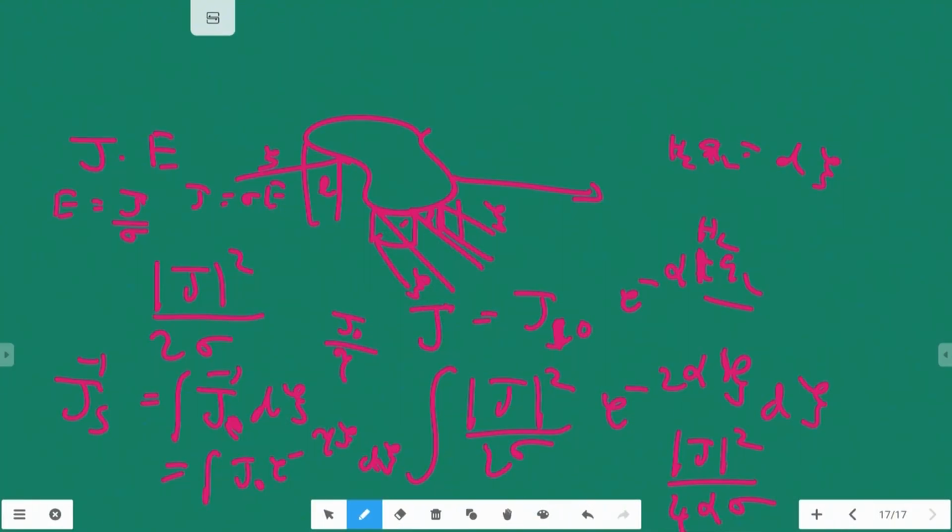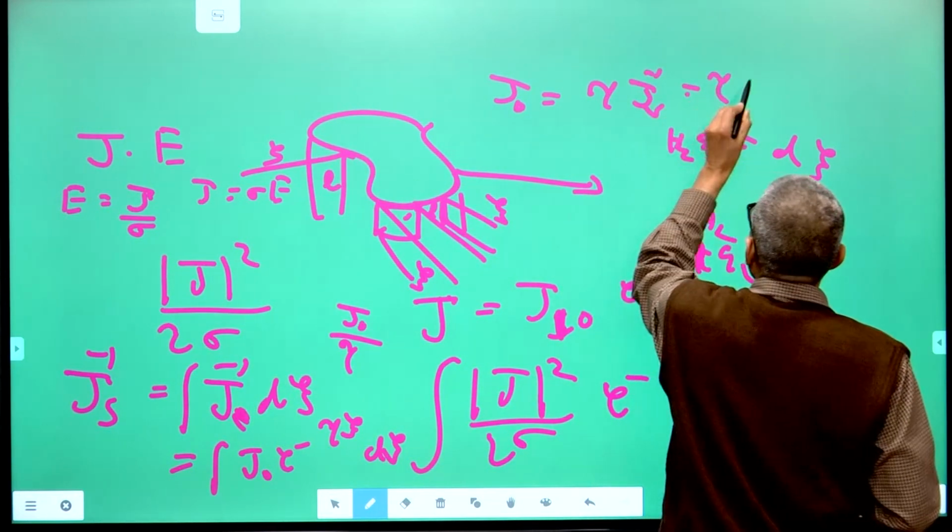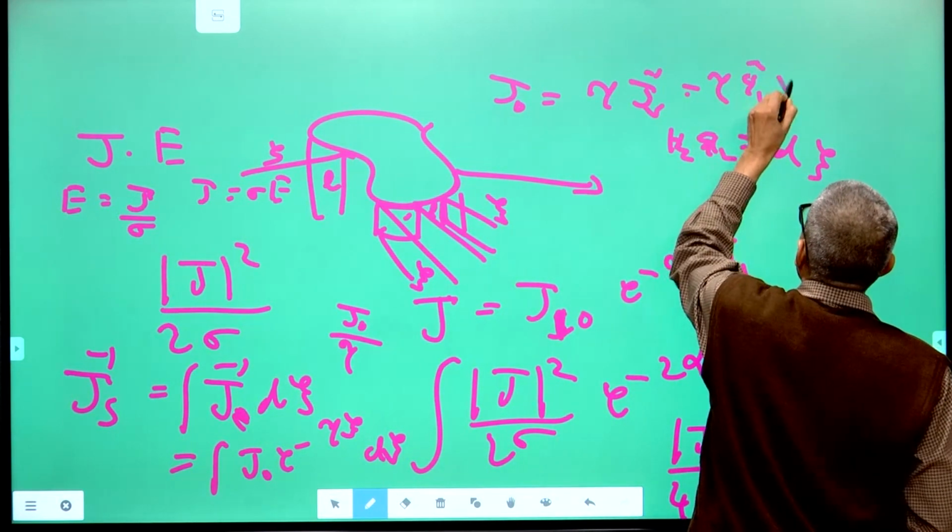So in place of J0 I will substitute gamma into Js, which is nothing but gamma into q2 cap cross H at the boundary.